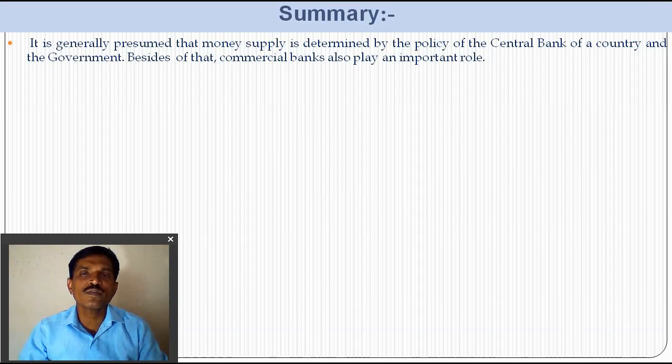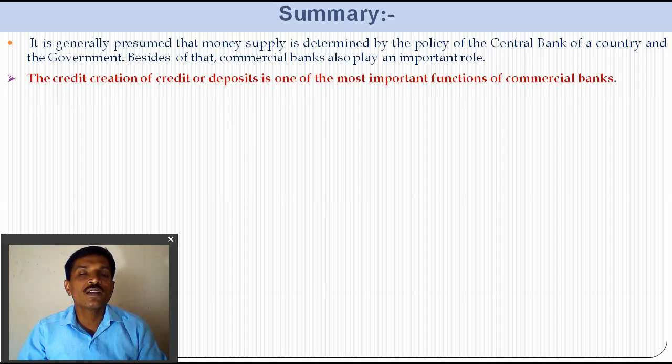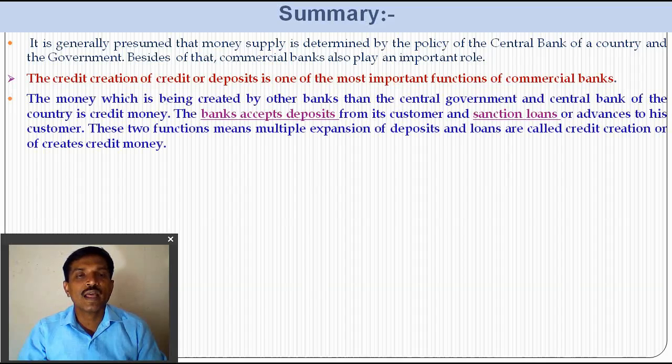It is generally presumed that the money supply is determined by the policy of the central bank or country government. Besides that, the commercial bank also plays an important role in credit creation. Credit creation, or credit deposit, is one of the most important functions of the commercial bank, and the money created by other than the central bank or central government is called credit money.